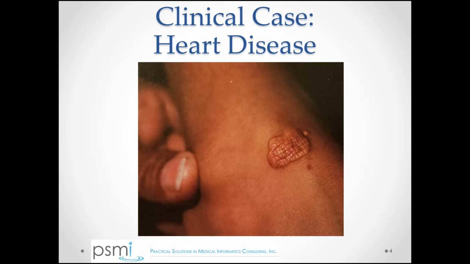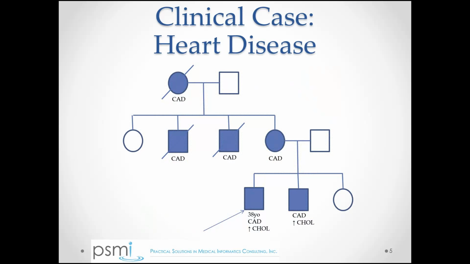So he's a young guy who had a heart attack and has a very high cholesterol. He's sedentary, he's a smoker, he's a little bit obese, and he's got evidence of markedly increased LDL cholesterol. When we look at his family history, we see that his brother also has coronary artery disease and high cholesterol.